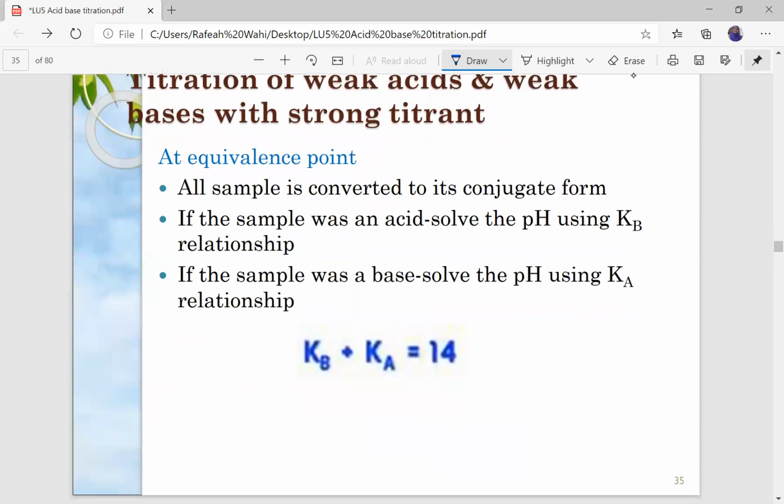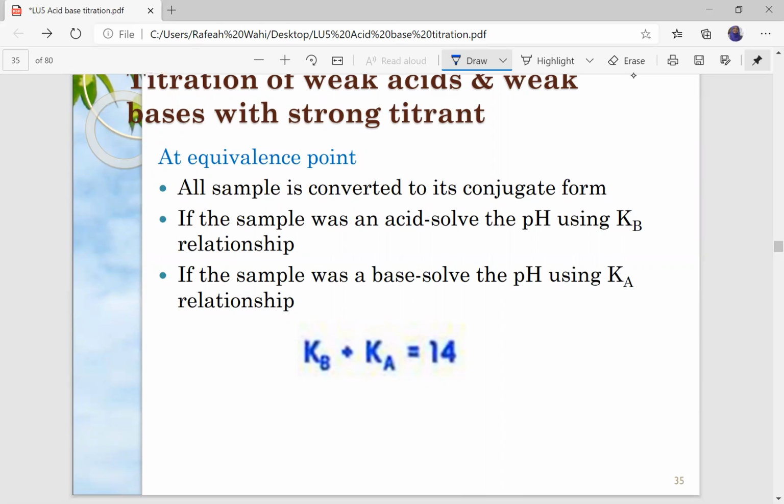So at equivalence point, what happened? At equivalence point, all sample is converted to its conjugate form. If the sample was an acid, you solve the pH using the Kb relationship. And if the sample was a base, you solve the pH using the Ka relationship.